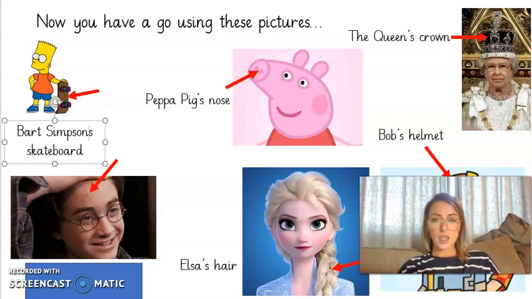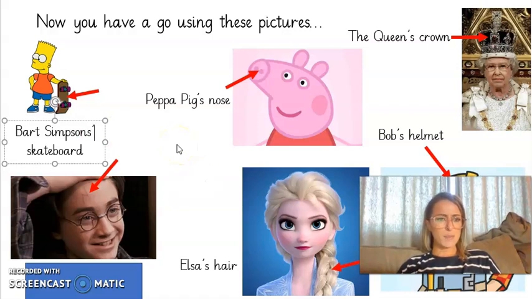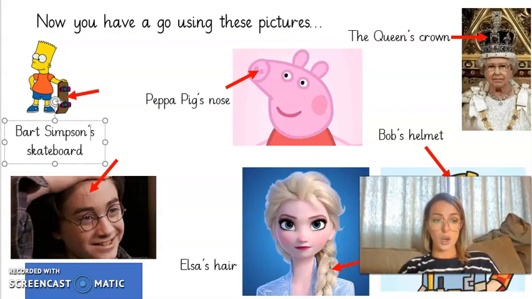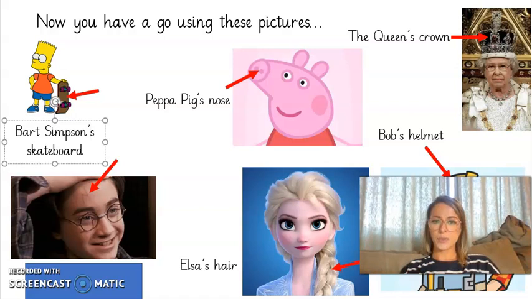If I had my apostrophe here, I would be saying that his name is Bart Simpson's. That's not right, is it? Or that there were lots of Bart Simpsons who all owned the skateboard. That's very confusing. So the apostrophe goes straight after the thing, or the person, that owns it.